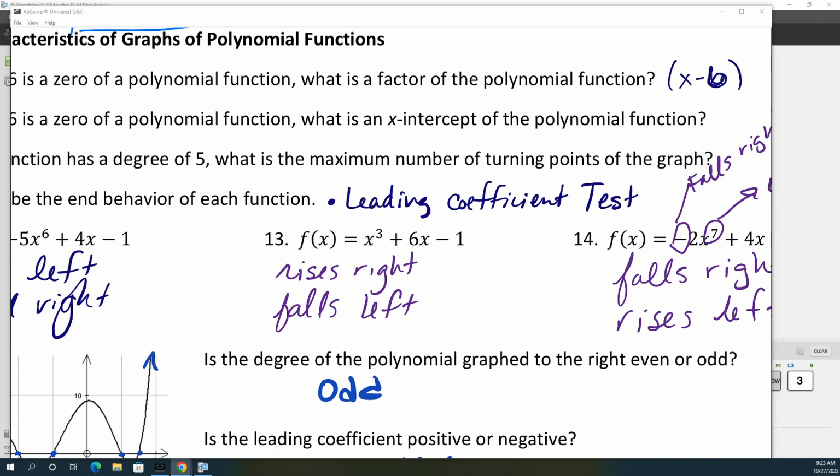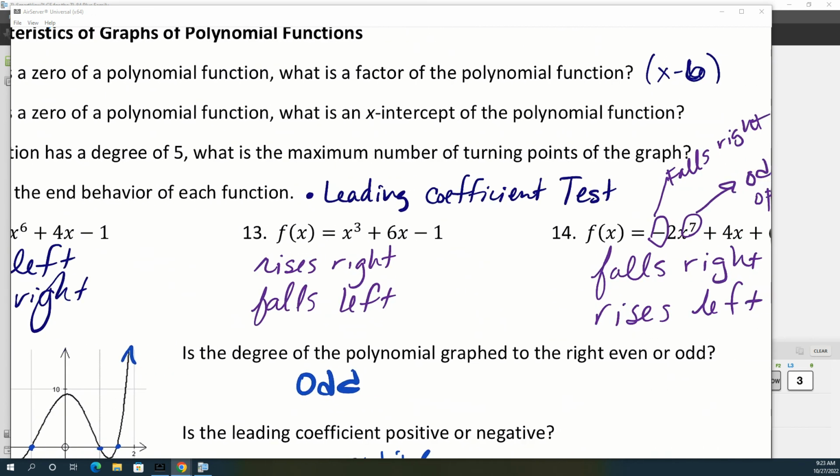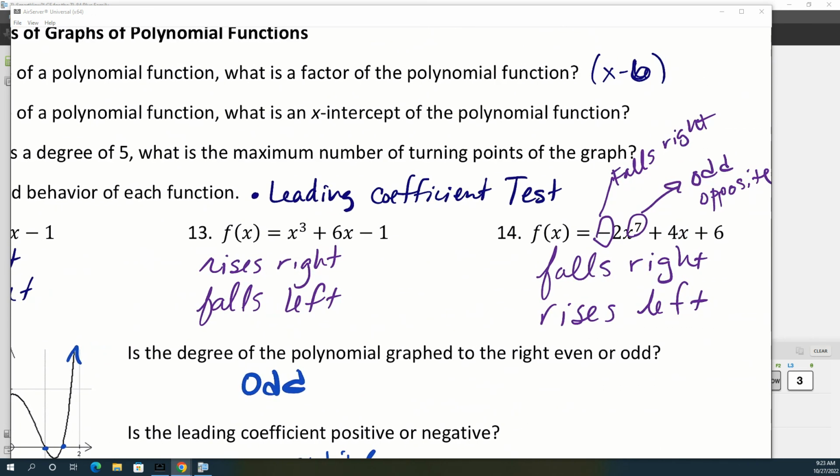Okay. What other questions do you guys have? If 6 is a zero, what is an x-intercept? If 6 is a zero, where is it going to cross the x-axis?